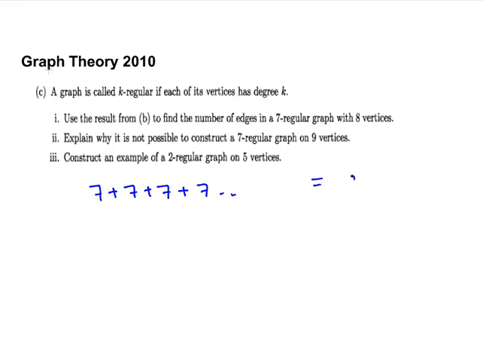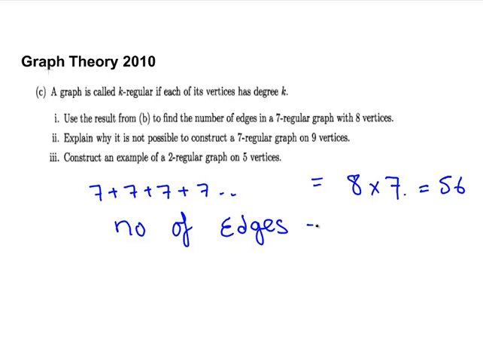So we actually can write it as 8 times 7. In that case, that is the sum of the degree sequence, and that's 56. That means the number of edges is 56 divided by 2, and that's 28.